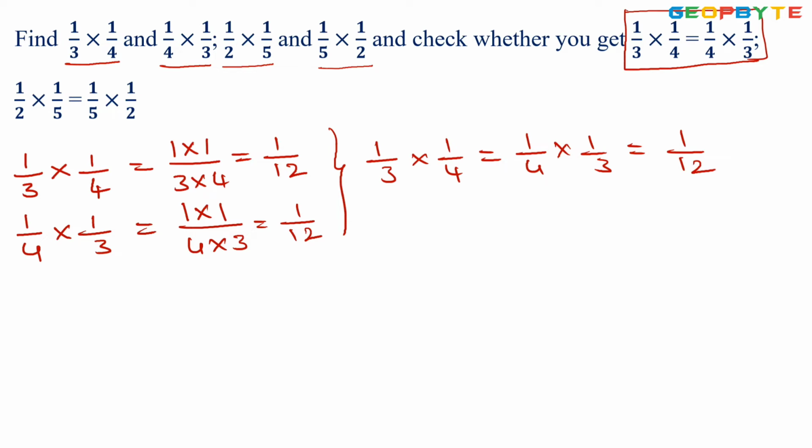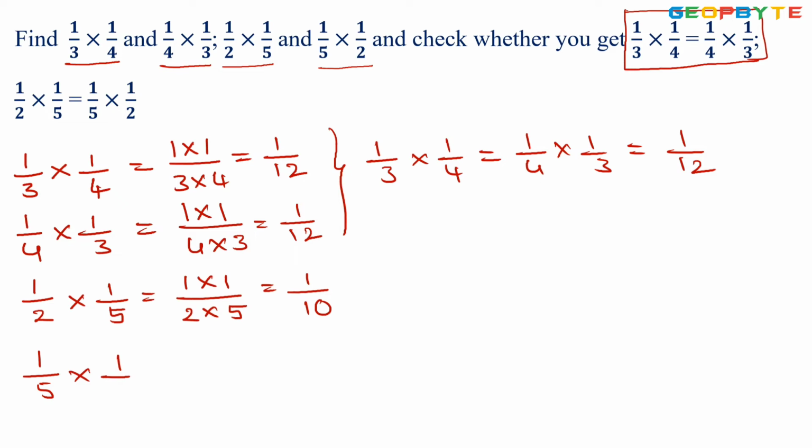Next, moving to the second one. In the second part, 1 by 2 into 1 by 5. Now product of numerators is 1 into 1 by 2 into 5. 2 into 5, which is equal to 1 by 10. Next one is 1 by 5 into 1 by 2, which is equal to product of numerators by product of denominators.